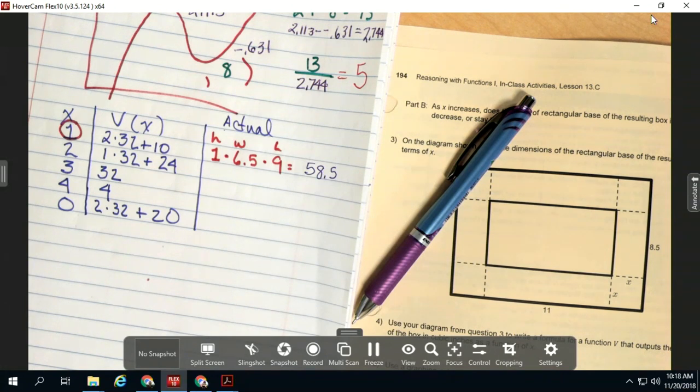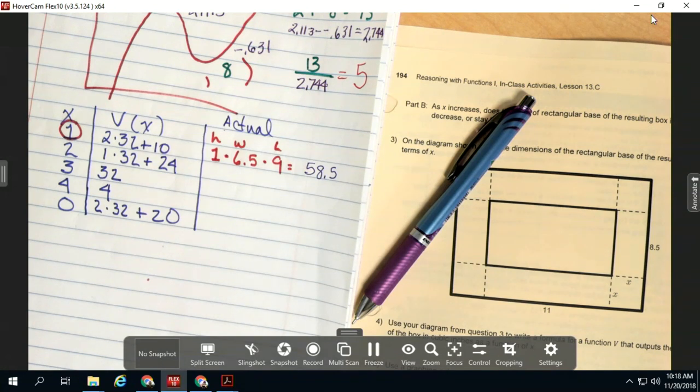How do you get the middle part, Kevin? Okay, did you copy down my table there? I did. So you took 1 times 6.5 times 9. Put the 2 first and then you'll see the pattern. Just cross it off there and put it in front, because I'm going to show you the pattern.